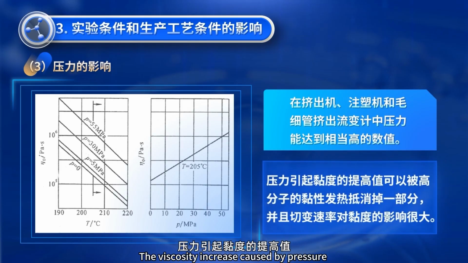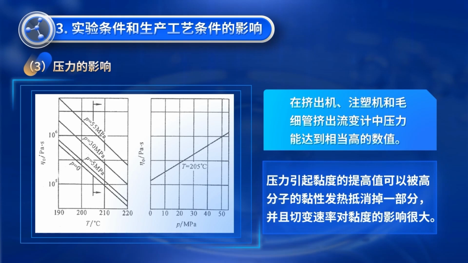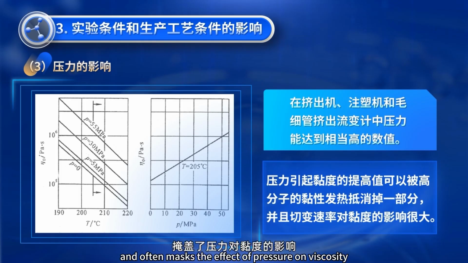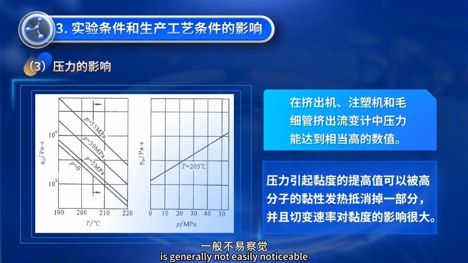The viscosity increase caused by pressure can be partially offset by viscous heating in the polymer. Moreover, the influence of shear stress on viscosity is significant, and often masks the effect of pressure on viscosity. Therefore, the viscosity increase due to rising pressure is generally not easily noticeable.